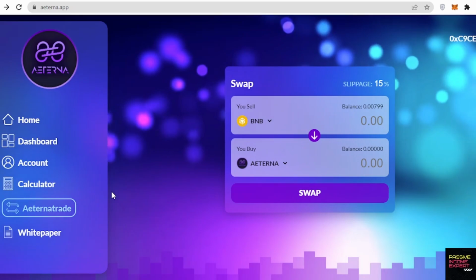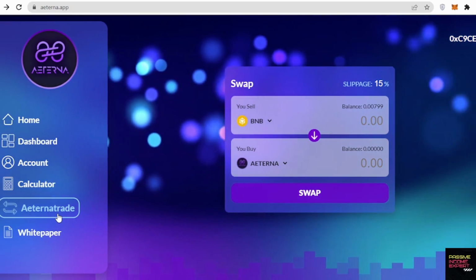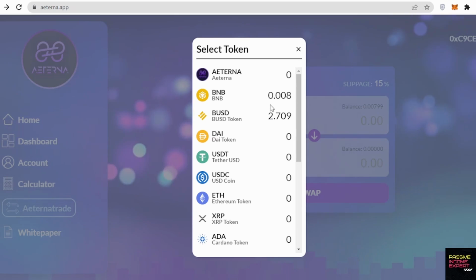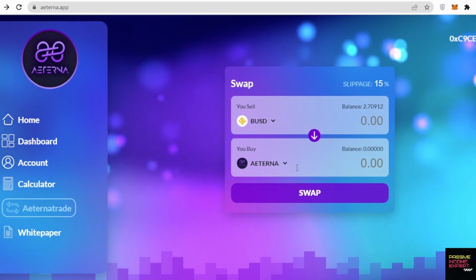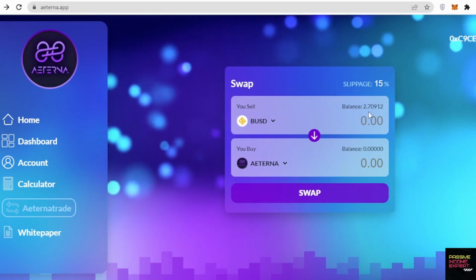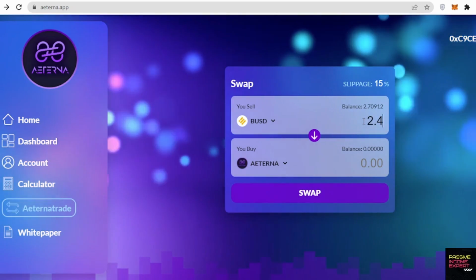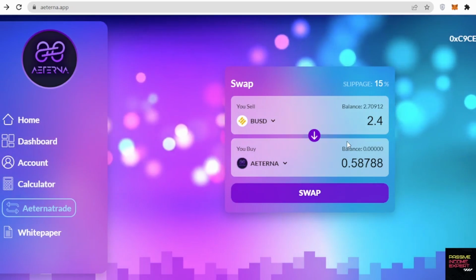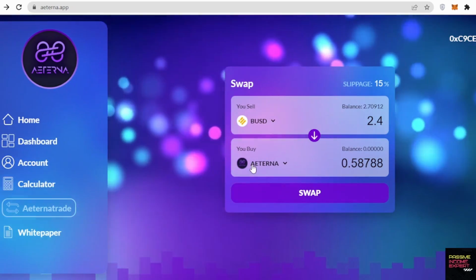So that's the thing we are looking for. You need to click on Eterna trade and you need to have BNB or any other currency. Currently I have BUSD and BNB. So if I go into BUSD, that's just for demo purposes, I'll click on 2.7 probably, or let's say 2.4. So I will be getting around 0.58 Eterna.